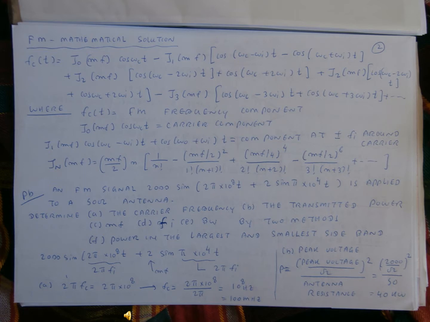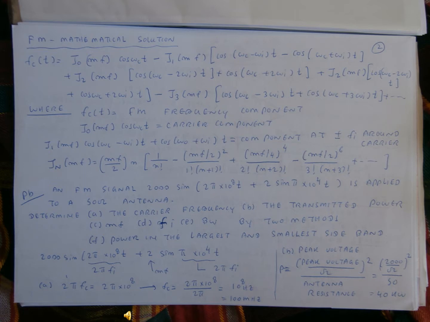Generally, we write Jn(mf) as the Bessel function: (mf/2)^n multiplied by [1/n! − (mf/2)^2/(1!(n+1)!) + (mf/2)^4/(2!(n+2)!) − (mf/2)^6/(3!(n+3)!)]. This is the gamma function, the J function, so we can write it down.